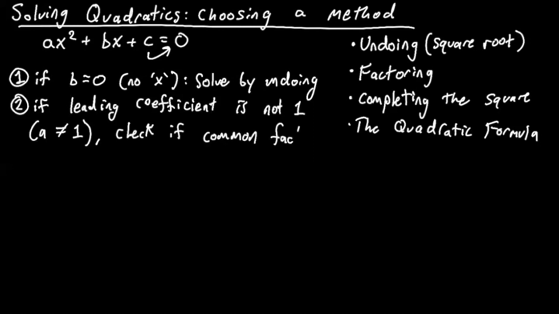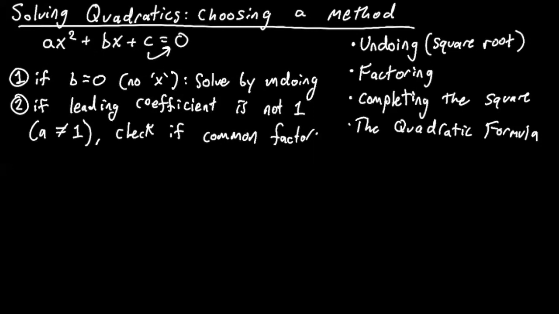And if there is a common factor between all three of the terms we're looking at, we want to factor that out. What that'll do is make the numbers we're working with easier. They're going to become smaller numbers. So the work that we have to do, whatever method we choose from now on, is going to be less work. So we want to check and see if there are any common factors.